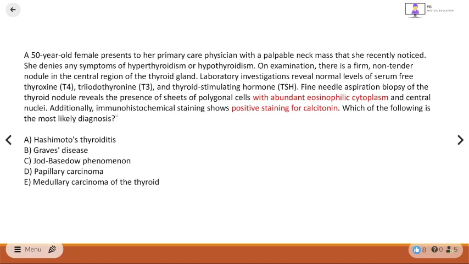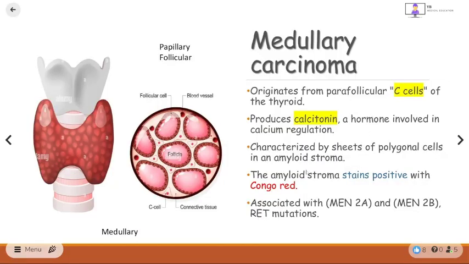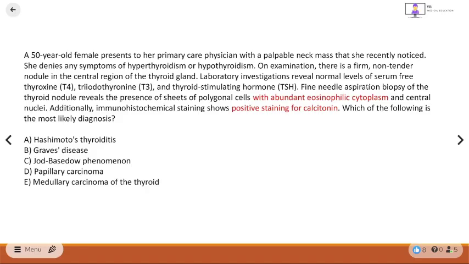Finally, aspiration biopsy reveals presence of sheets of polygonal cells with abundant eosinophilic cytoplasm, eosinophilic because of the calcitonin staining, and central nuclei. He didn't say anything about central clearing. Additionally, immunohistochemical staining shows positive staining for calcitonin. So this is medullary carcinoma of the thyroid.